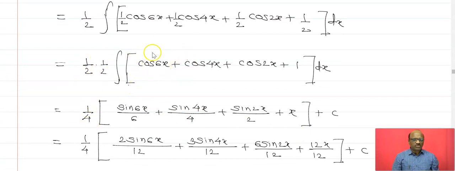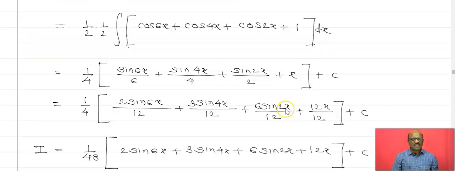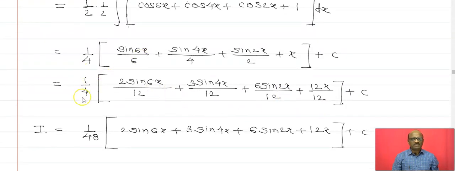What is the integral of cos 6x? It is sin 6x upon 6. Integral of cos 4x is sin 4x upon 4, plus integral of cos 2x is sin 2x upon 2, and integral of 1 is x, plus c. In this way you will get 1 by 4.